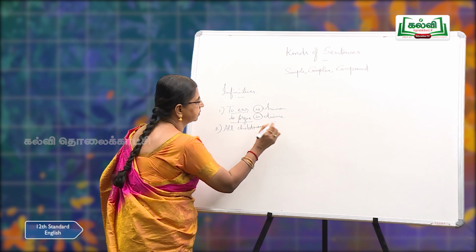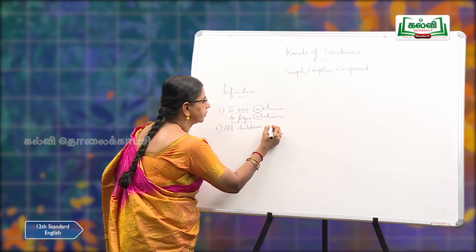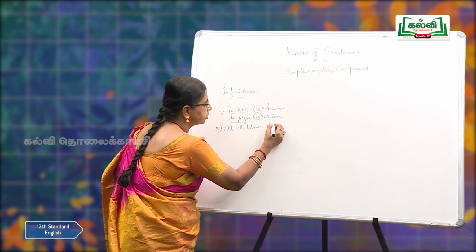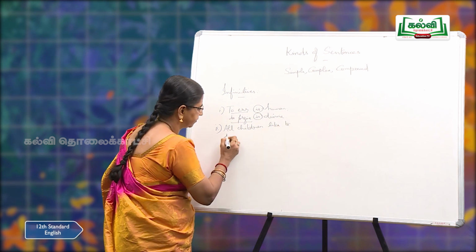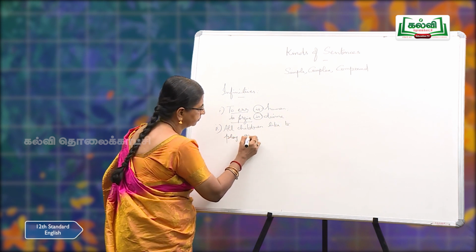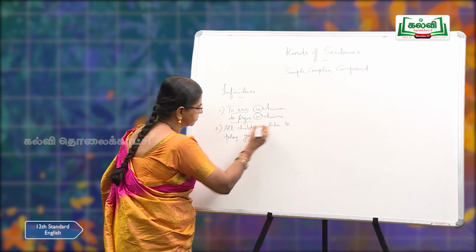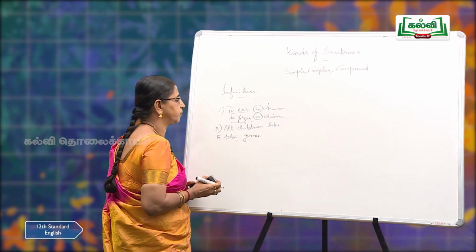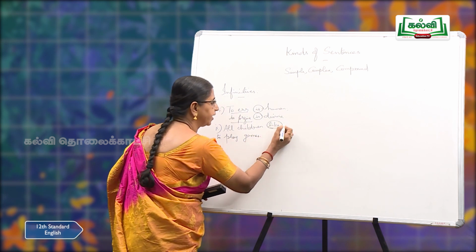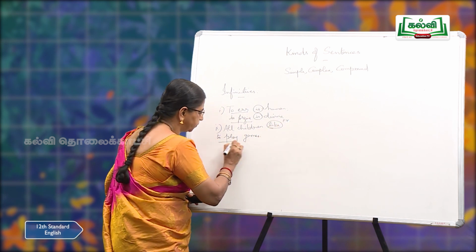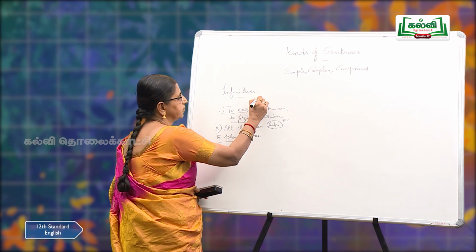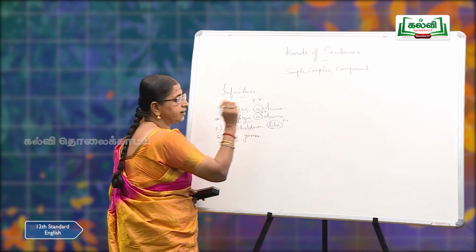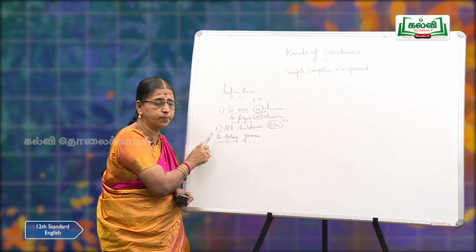All children like to play games. So again this to play. So like is your finite verb and to play is your infinitive. So all the circled ones are finite verbs. So here this is to plus verb.